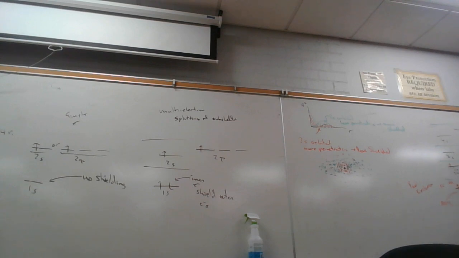The Pauli exclusion principle says that no two electrons in the same atom can have the same set of 4 quantum numbers.